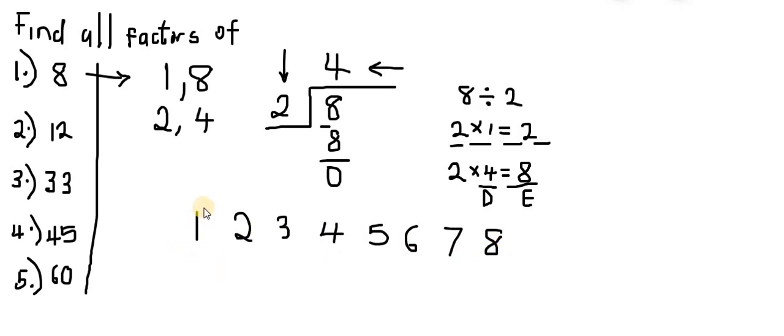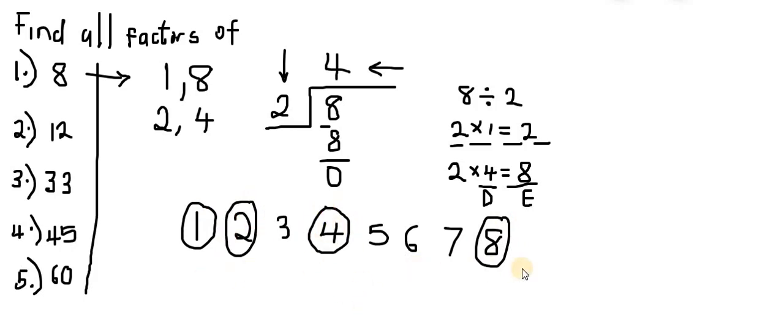So we've decided 1, 8, 2, and 4 are factors of 8. If you want to check if 3 is a factor of 8, 5, 6, or 7, you can do that. I'll show you how to do it for 3, and then you can check the rest.